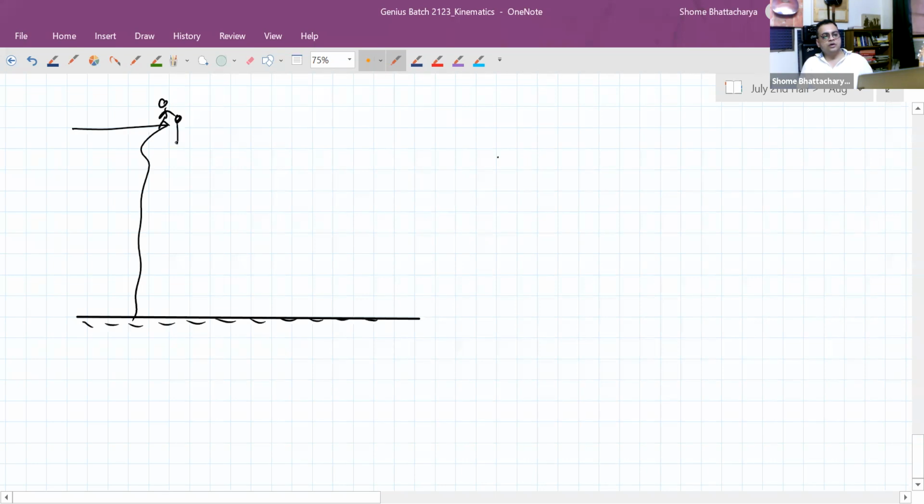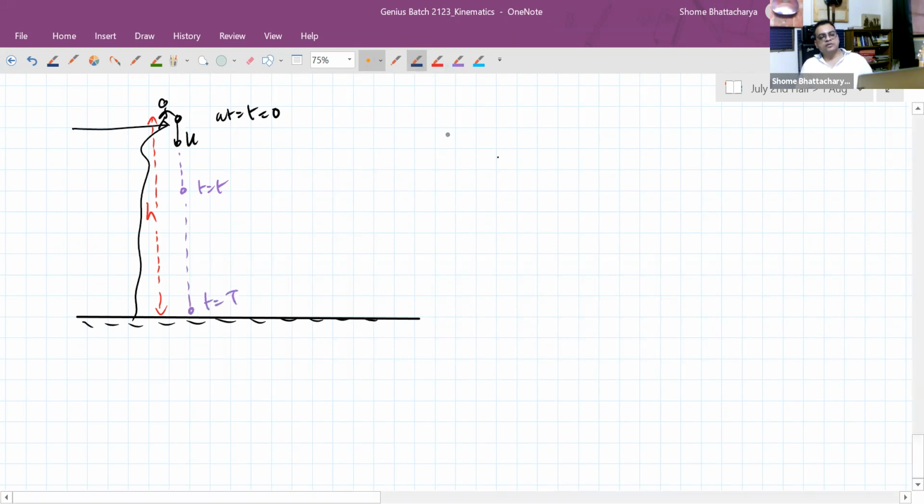So it is thrown down with an initial velocity u at t equal to 0. And let us say the height from which it is thrown from the ground is h. So now let us say that at some in between time it has reached here. And then finally, continuing down, it hits the ground at some time capital T.